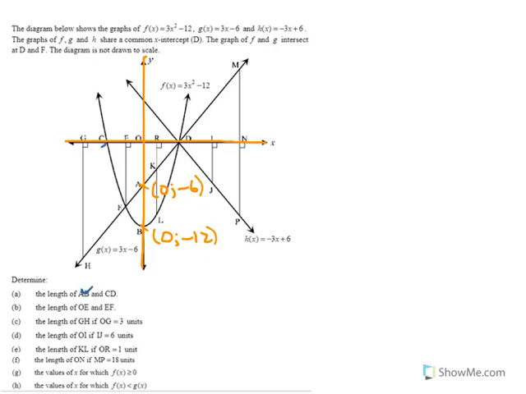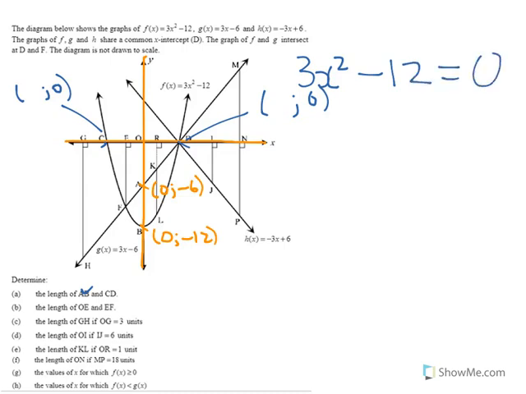And then C and D are the x-intercepts of our parabola. So what we're working out is, we know that x-intercepts have a y-coordinate of 0. Right, so what we're asking ourselves is, for which input is my function going to give me an output of 0? And this is a quadratic equation, so solve it like one.